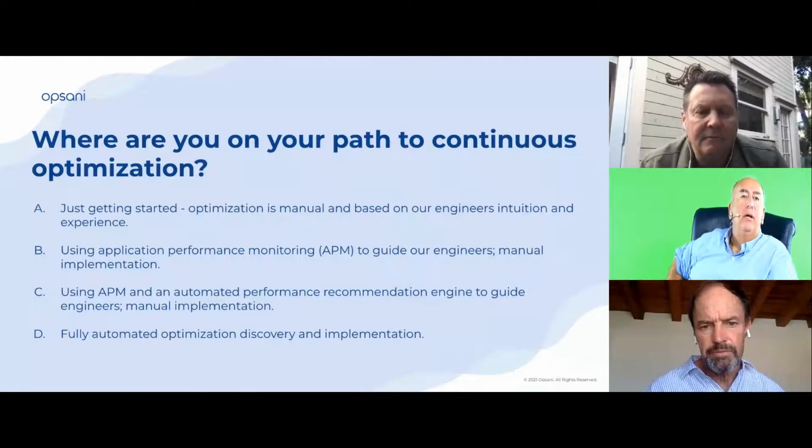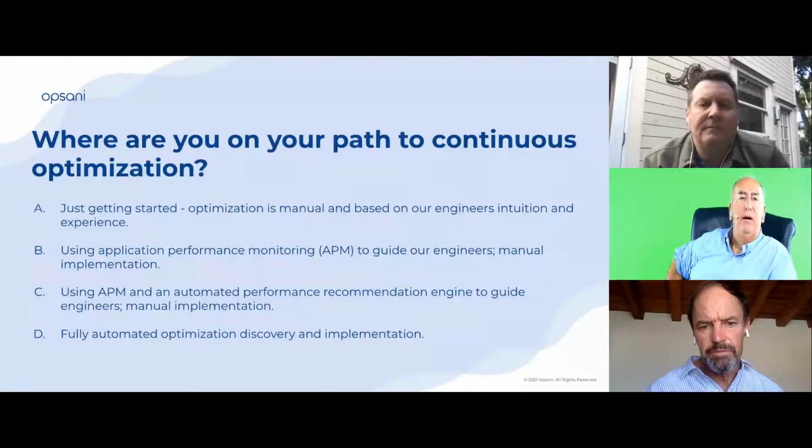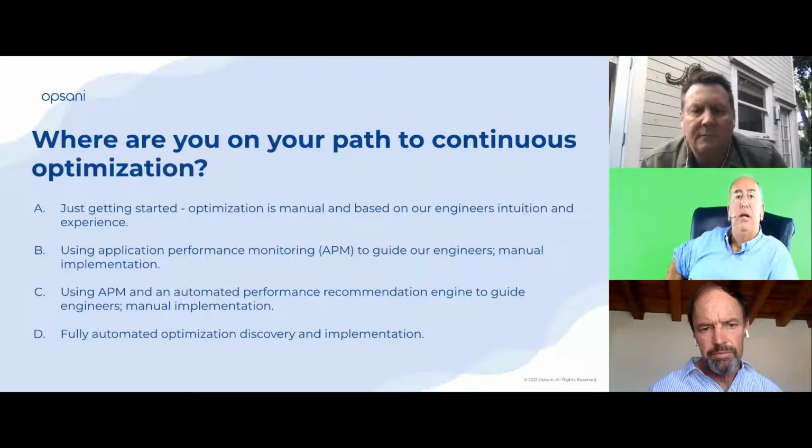Okay. So our next polling question, and again, guys, please jump in here and help us out. Where are you on your path to continuous optimization? A, you're just getting started. Optimization right now is manual and based upon engineers' intuition and experience. Or B, you're using some application performance monitoring, APM, to guide your engineers, and it's still a manual implementation.